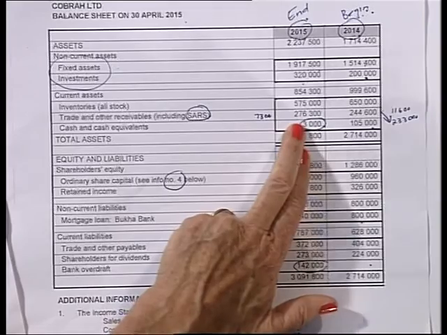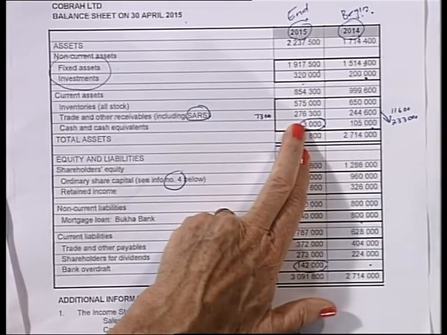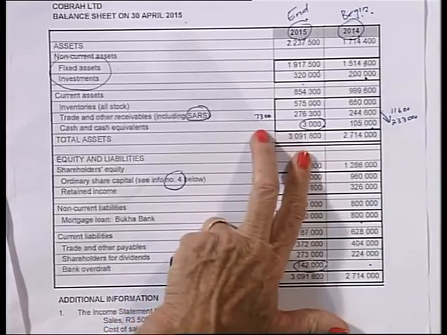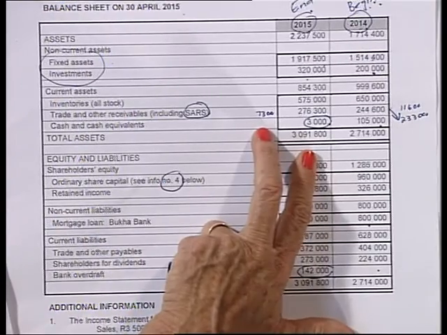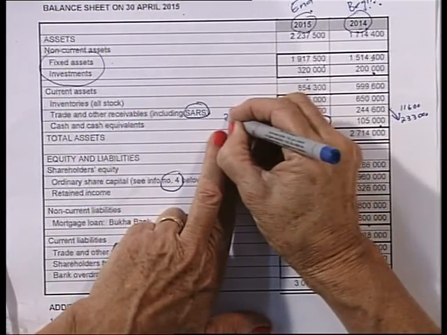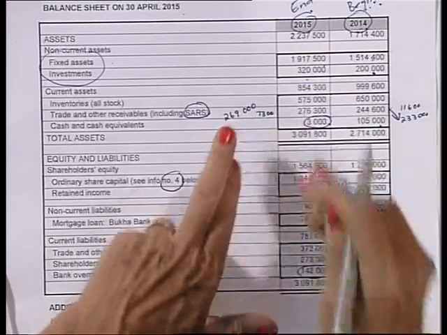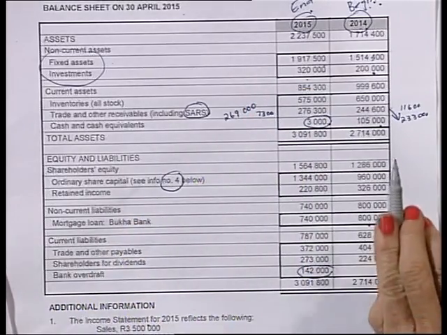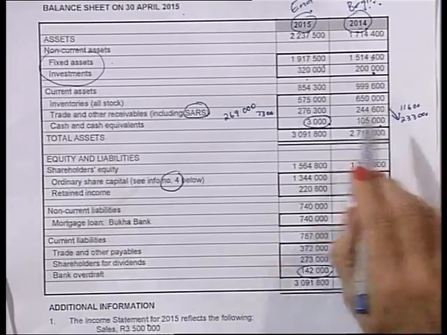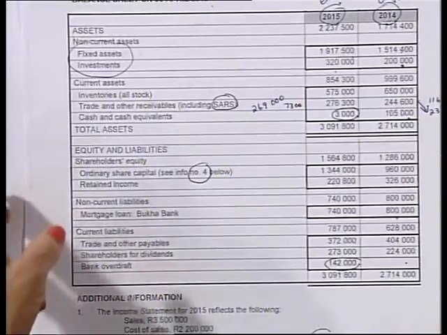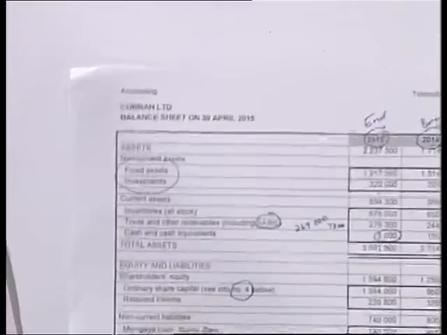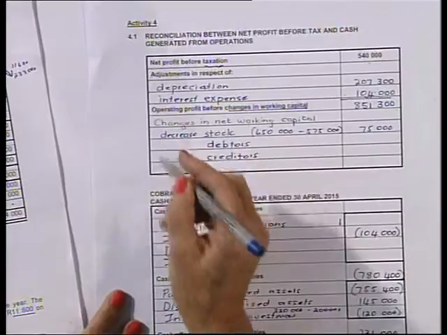Now we look at this amount, 276,300. We deduct the 7,300 and come to an answer of 269,000. So the change in debtors was from 233,000 to 269,000. So we can write it down here. It was an increase in debtors. So your debtors increase.